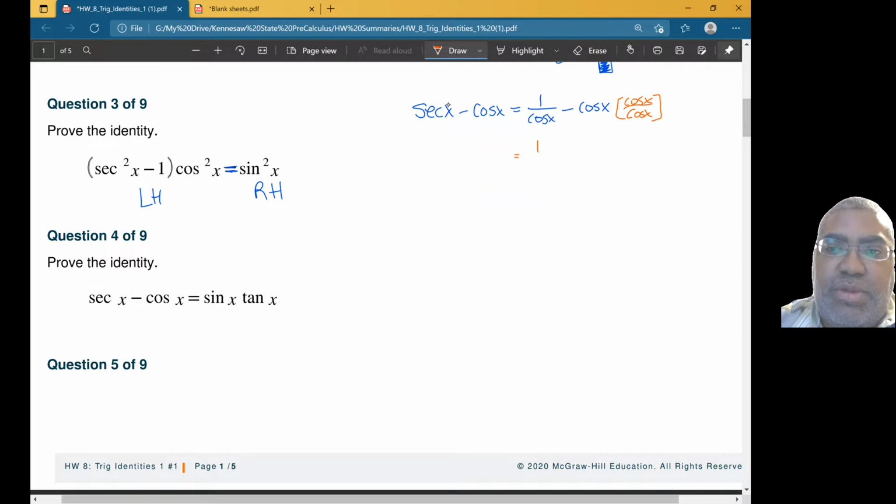This becomes 1 over cosine x minus cosine squared x over cosine x. Cosine x times cosine x is cosine squared x. This is a pretty standard procedure for a problem like this. This becomes 1 minus cosine squared x over cosine x. Because they're the same denominator, you can put the fraction together.